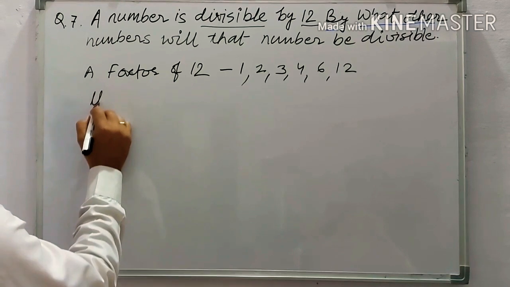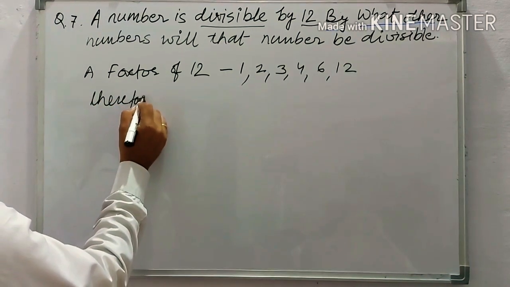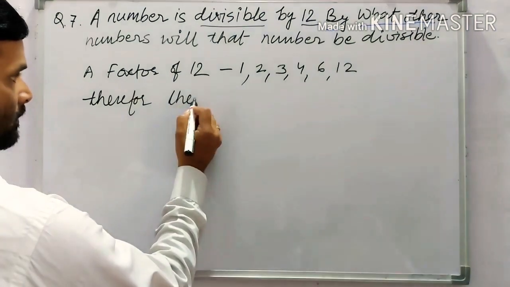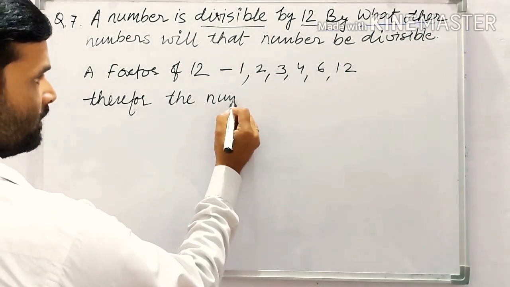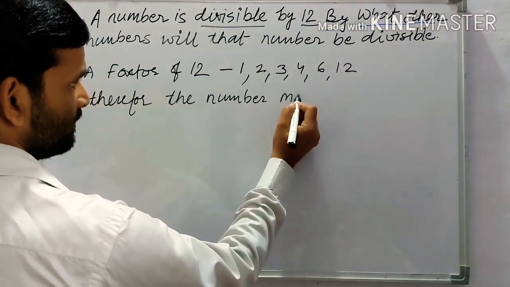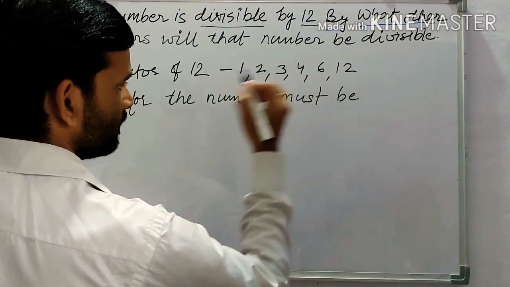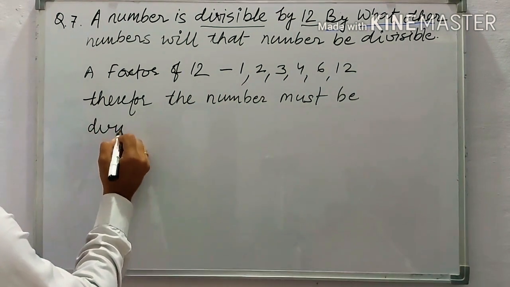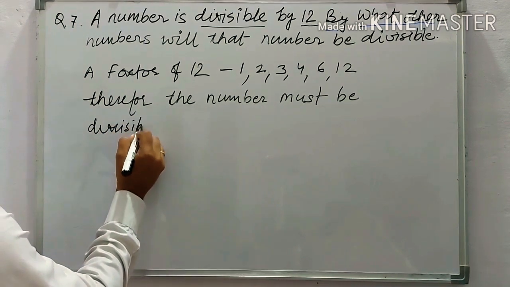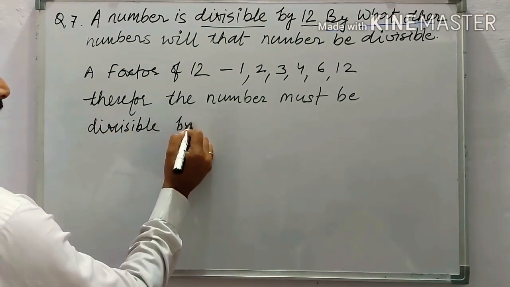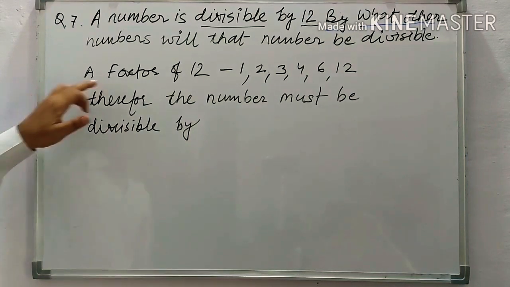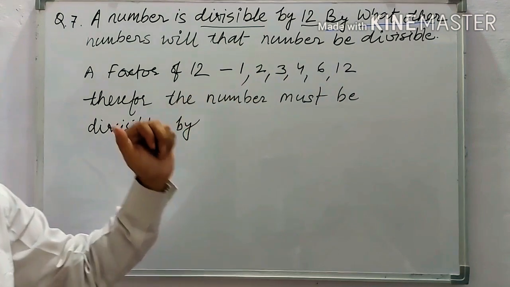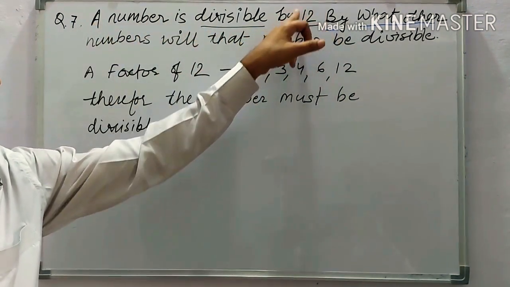Therefore the number must be divisible by the factors of 12, which are 1, 2, 3, 4, 6 and 12, and the number is divisible by 12.